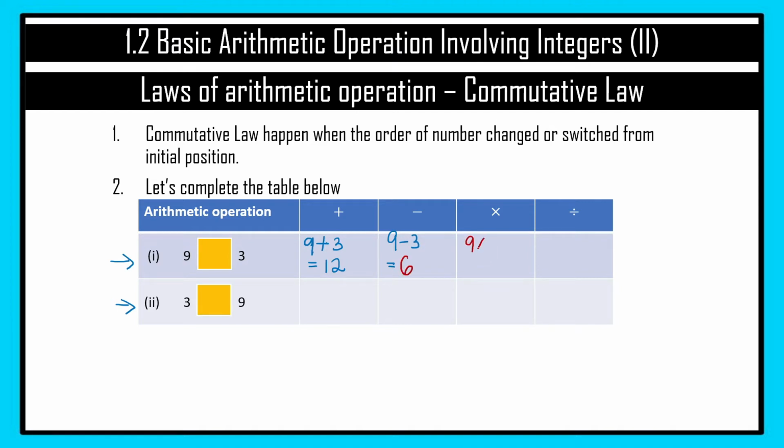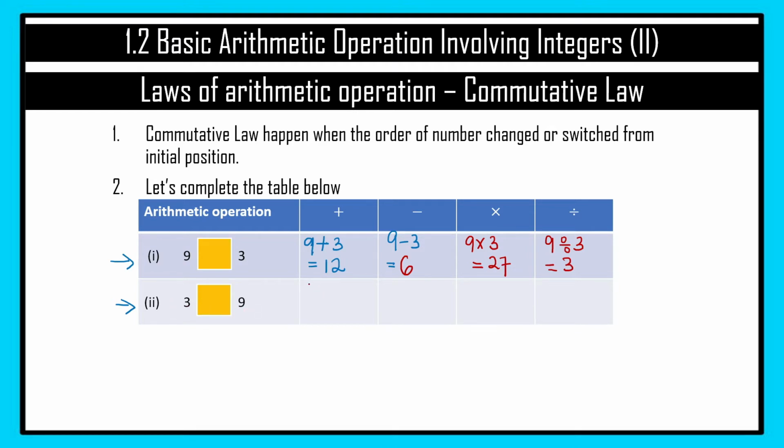And then 9 multiply 3. Correct, 27. The last one is 9 divide 3. Yes, 3. So the second one is 3 blank 9.